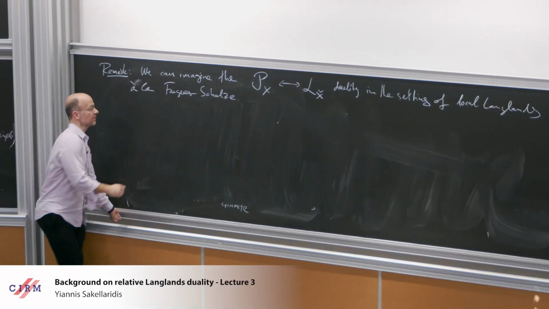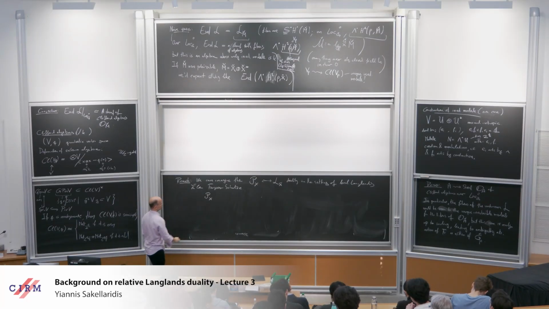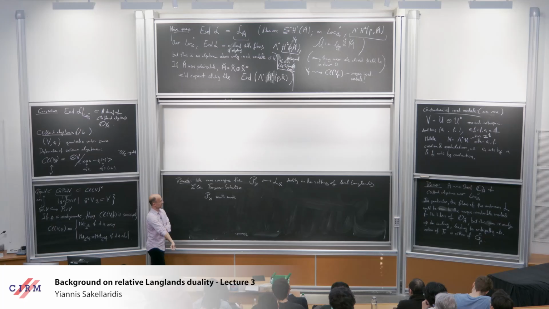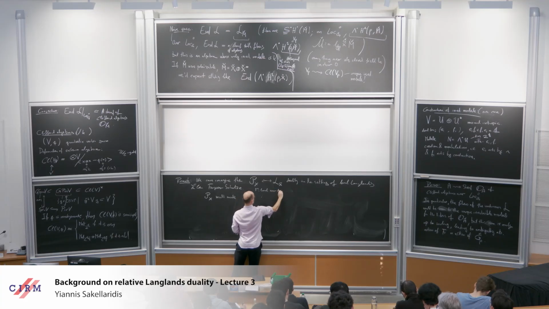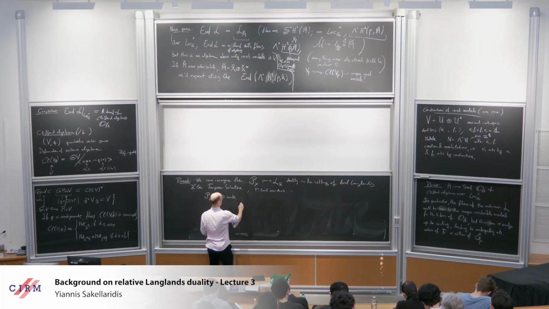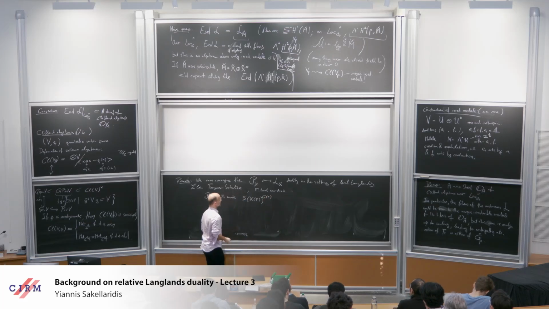So in this case, the period sheaf would encode some representation of, so here F is a local non-Archimedean field. In this case, the analog of the period sheaf would encode functions on X of F as a G of F representation, or at least part of the period sheaf.